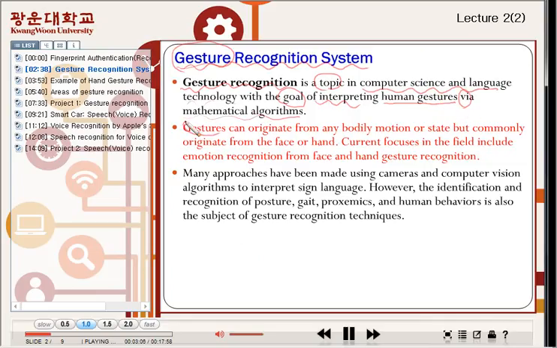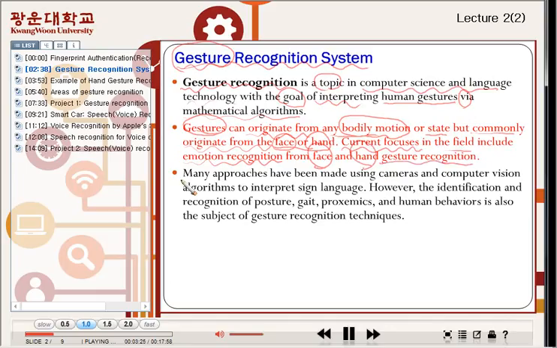Gestures can originate from any bodily motion or state, but commonly originate from the face or hand. The current focuses in the field include emotion recognition from the face and hand gesture recognition.